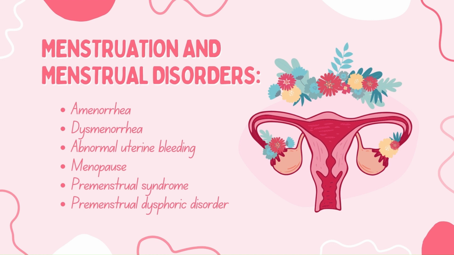So that was category 2. And then again, to revisit the criteria, there needs to be a total of 5 symptoms with at least 1 from each of those categories.